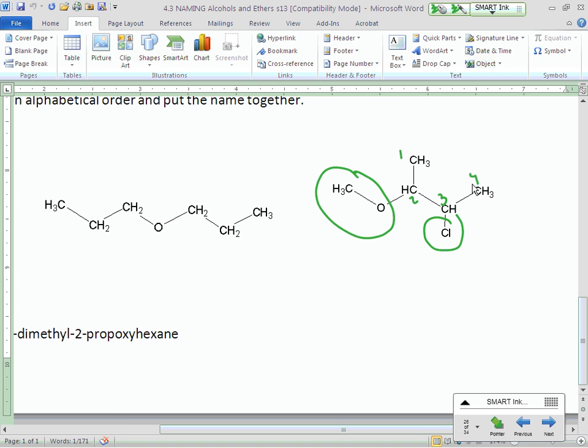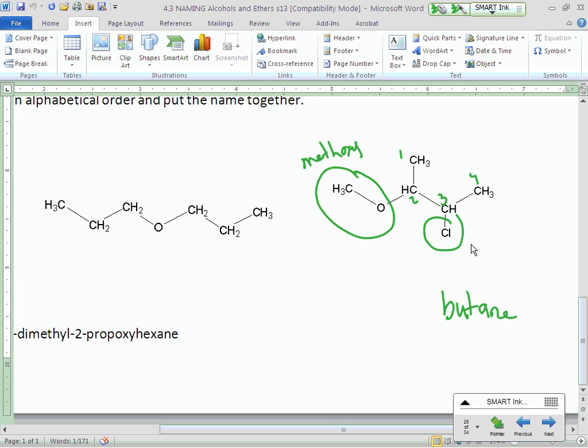So my main name is, what is the name of this thing? All single bonds, butane. And now I need my branches. What do we call this branch? Methoxy. It's a methoxy branch.